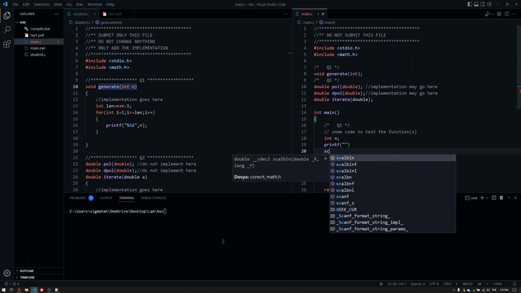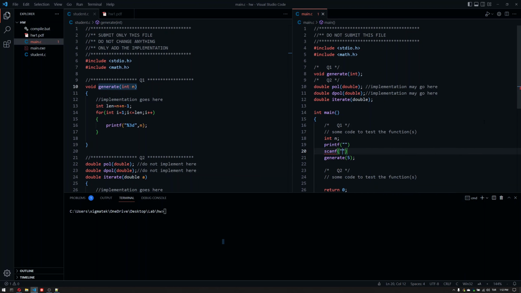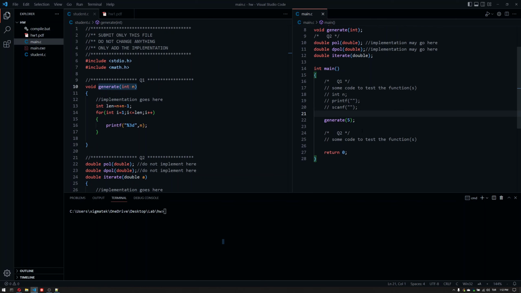This could all happen here, but since I'm trying to explain the whole thing, I'm going to skip this. If you have any printf, scanf, and you're wondering where you should do this, well, this is the place. Now let's compile this.